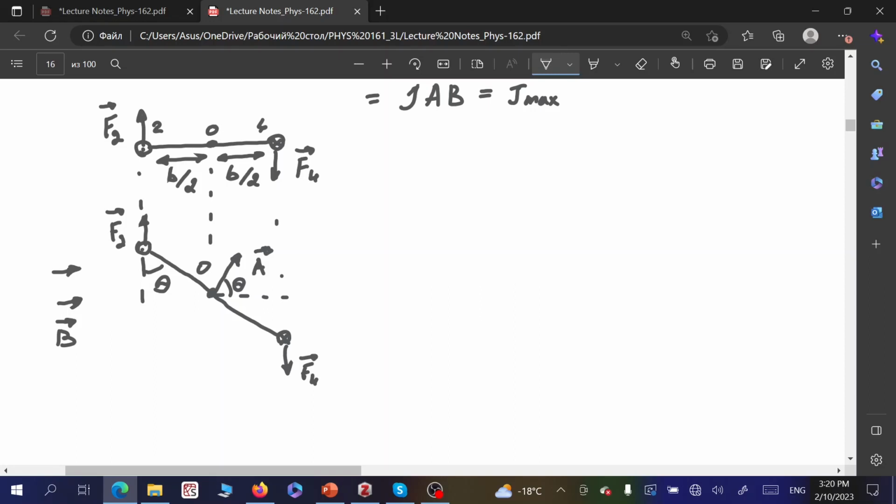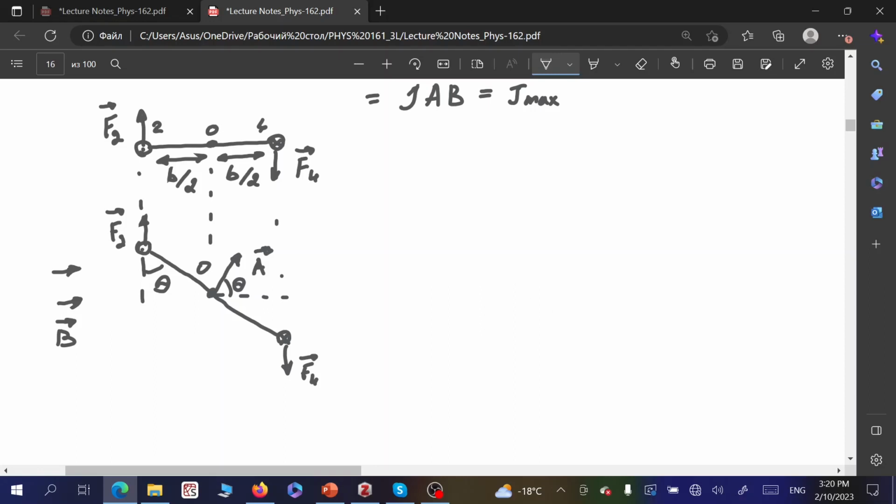Their orientation stays the same because the orientation of the current with respect to the magnetic field actually didn't change. They also remain perpendicular to each other. However, what actually changes is the shoulder of these forces.